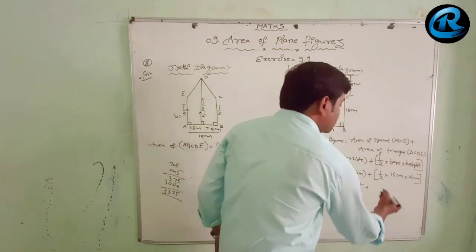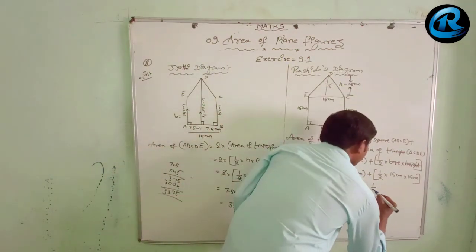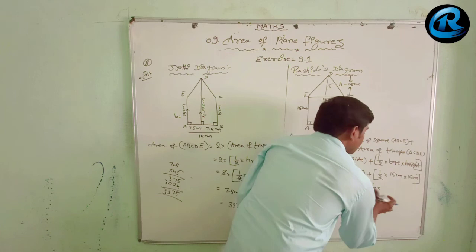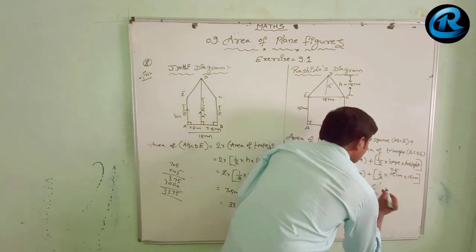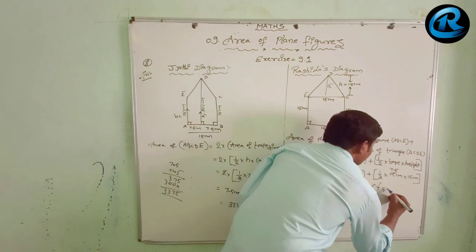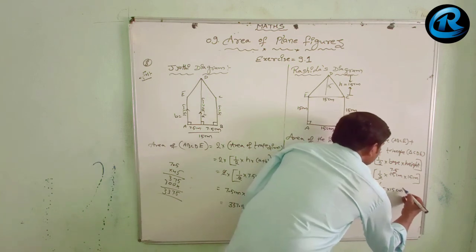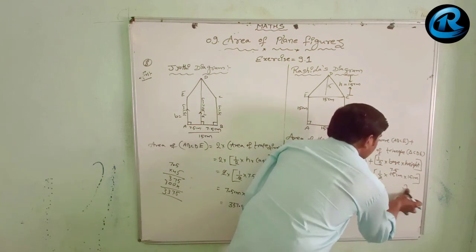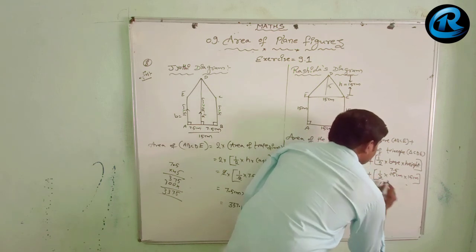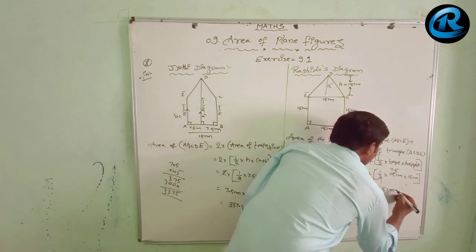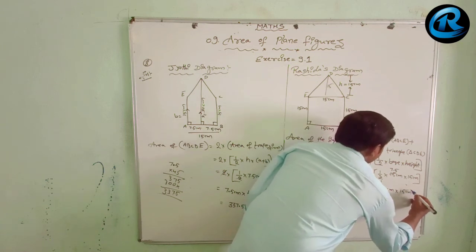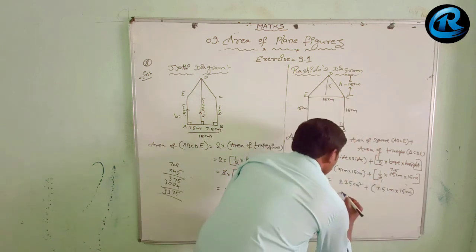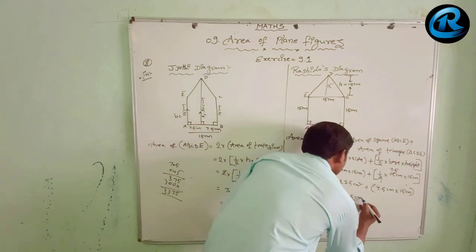Now here also you get, see, this is 1/2 into 15 centimeters square. This is 7.5 centimeters into 15 centimeters. So let us do it here. 225 centimeters square.